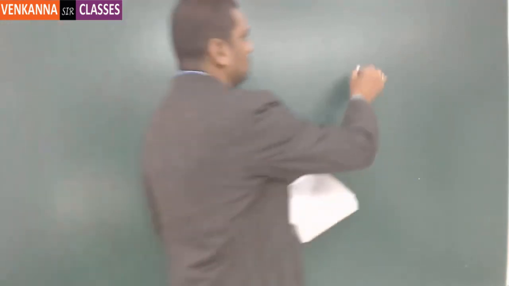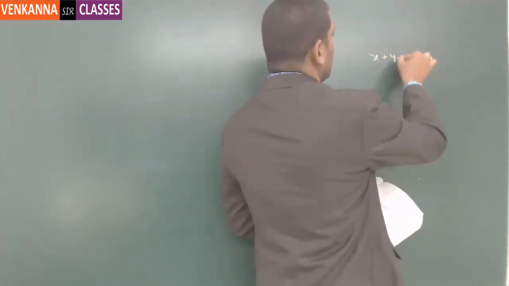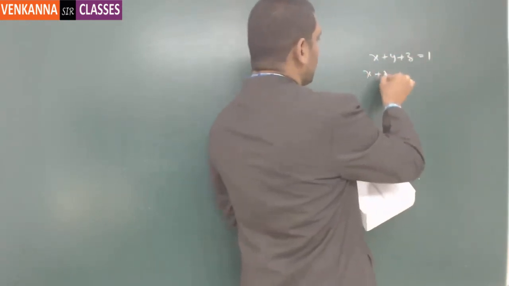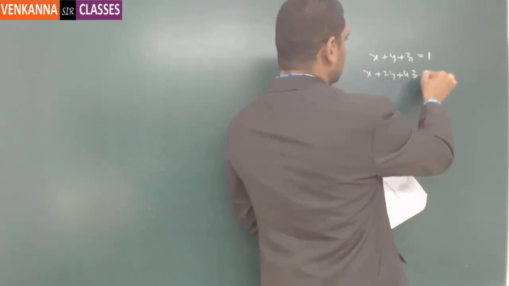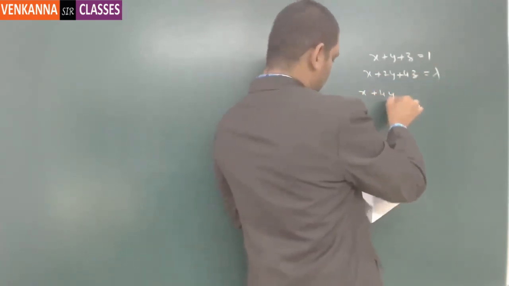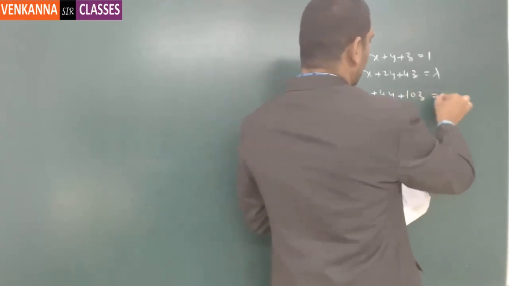So the next question is, let us consider the system as x plus y plus z equal to 1, x plus 2y plus 4z equal to lambda, x plus 4y plus 10z is equal to lambda square.